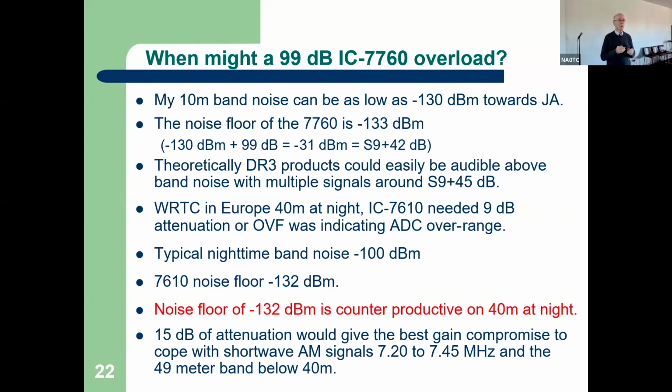The conditions were phenomenal. I was just a little pistol, but I worked 118 countries and 34 zones. If there had been signals at 50 or 60 over 9, I would have seen it, and I didn't. So you really don't have to worry about it with these radios today.